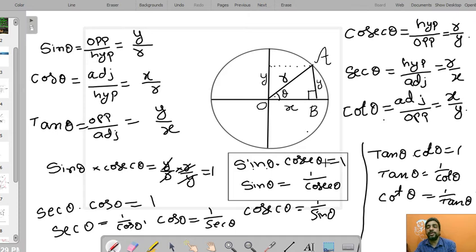So you need to remember, wherever sine into cosec comes, you can write 1, where secant into cos comes, 1, where tan into cot comes, that is 1. Cosecant means 1 by sine theta, secant means 1 by cos theta, and in the same way tan means 1 by cot, cot means 1 by tan.